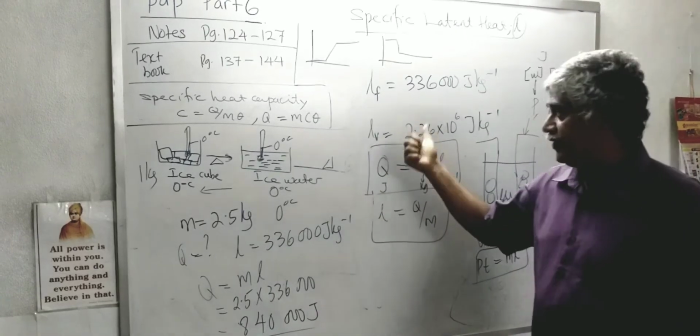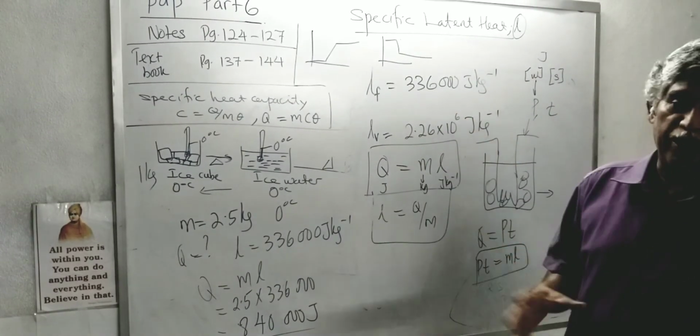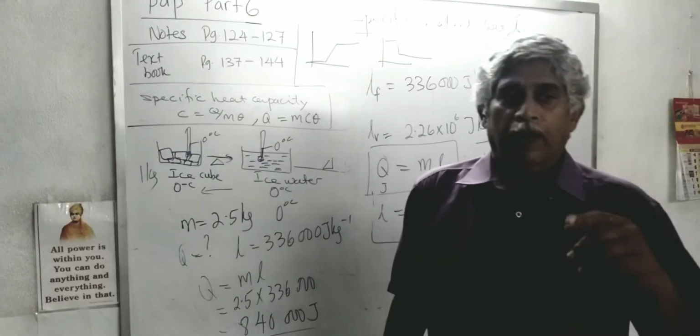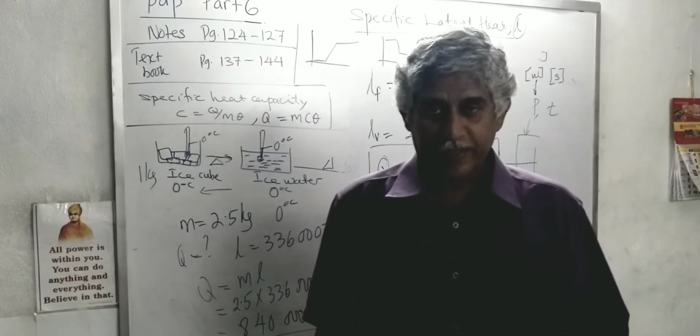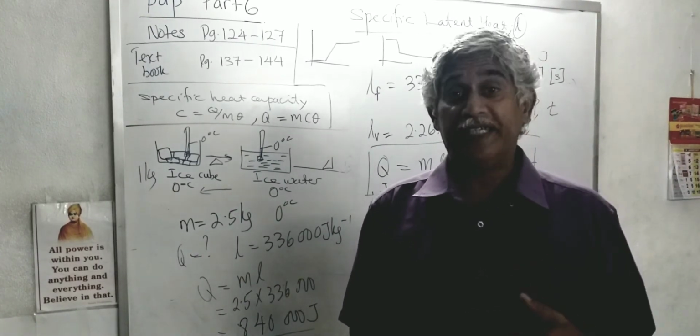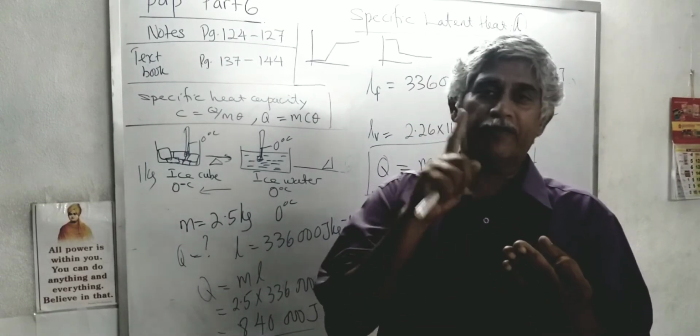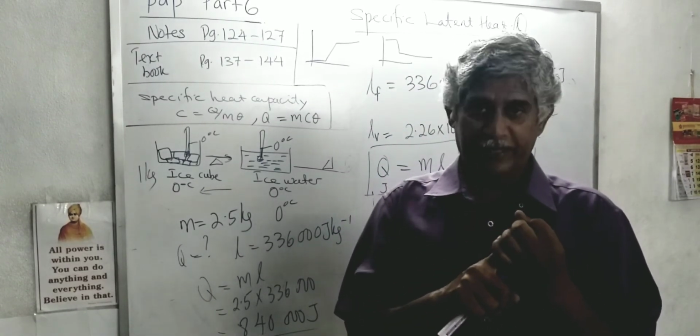So remember the definition of latent heat. Just now I wrote here, the amount of heat required to change the phase of 1 unit of mass of the substance without change in temperature. So no change in temperature, change of phase, amount of heat required. These are the 3 important keywords.